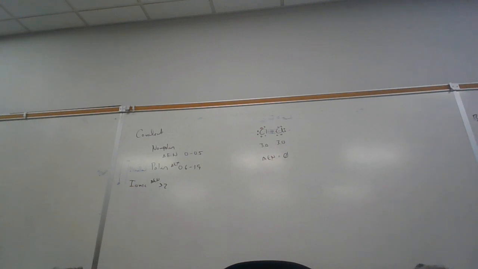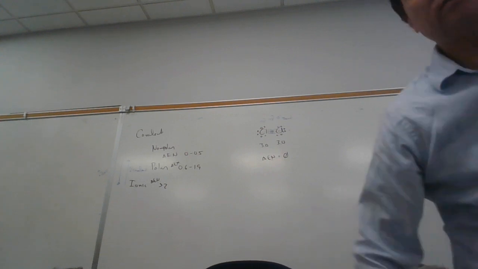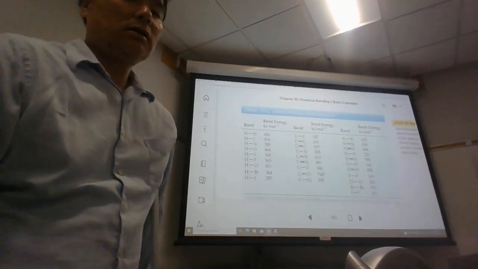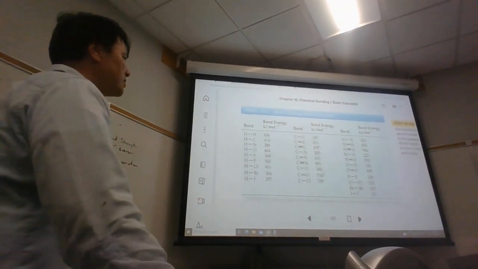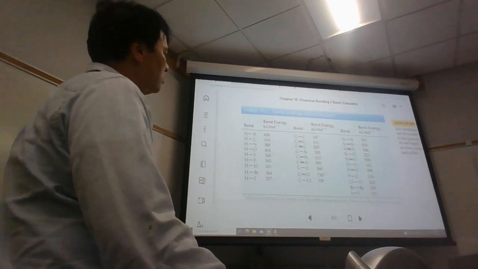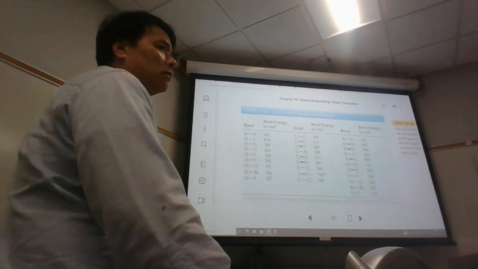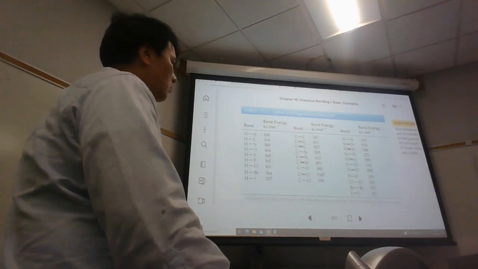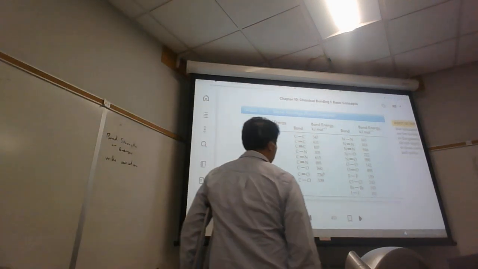Now, what does that place it at, roughly? Let's take a look at the range of the bond energies. The bond energies vary from weak to strong. What's the weakest bond you can find on the chart? Yeah, the oxygen.